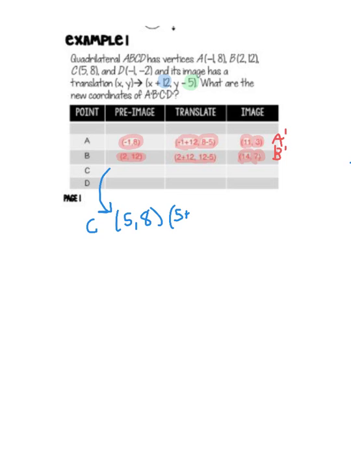So 5 plus 12, comma, 8 minus 5, because it's still a coordinate point. And so 5 plus 12 gives us 17. 8 minus 5 gives us 3. And so this is point C prime. And then lastly, D.